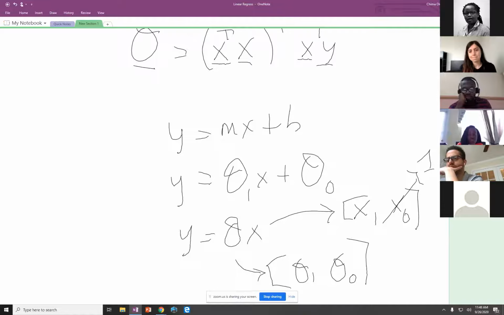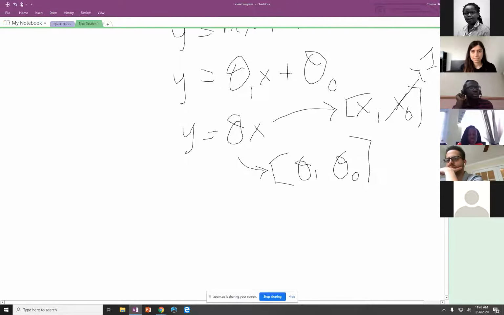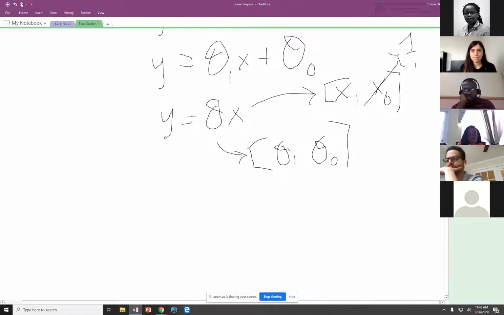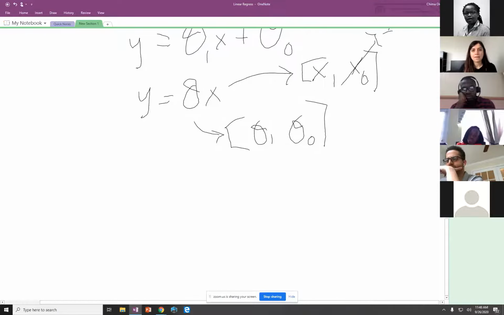When you take the dot product, not the matrix product, there are actually two types of products, a dot product and a matrix product. We will use both, which gets confusing at some point.